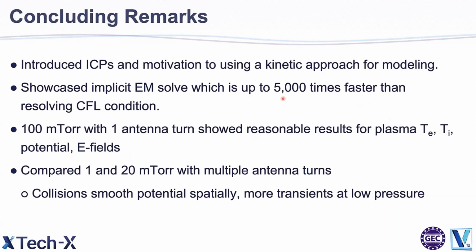We saw that sheaths developed very quickly, and E theta propagated into the plasma as expected. And we also compared 1 and 20 millitorr with multiple antenna turns, showing that collisions smooth out the potential spatially, and there are clearly transients at low pressure. So with that, I'll take any questions.